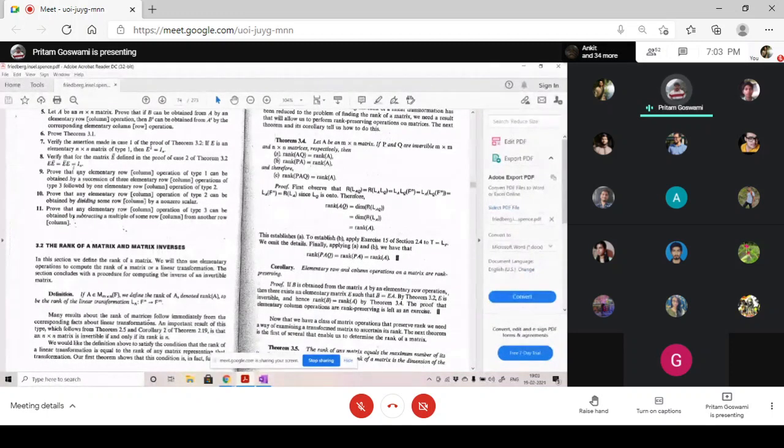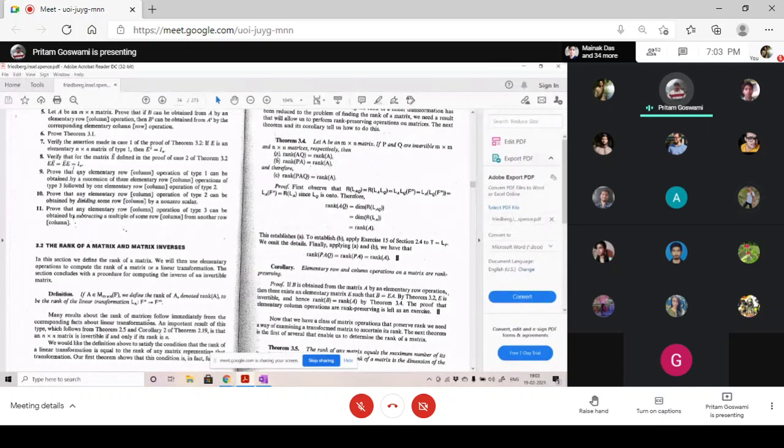Sir, I have one doubt. Will the theorem proof come in the exam or not? I don't know, but generally it doesn't come in engineering maths. Generally the proofs come in BSc Mathematics, but the proofs are the thing that develops the subject, right?